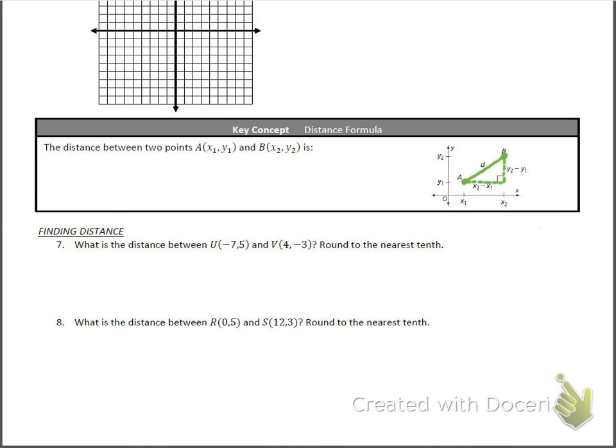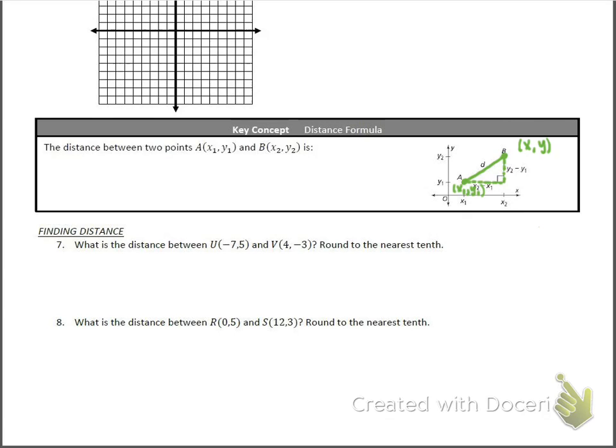For finding the distance formula, we have to be able to make the formula using unknowns so that you could plug in any points you want. So a coordinate always has x comma y, correct? Okay, so for point A, because we have to make general notations, we call it x1 comma y1.